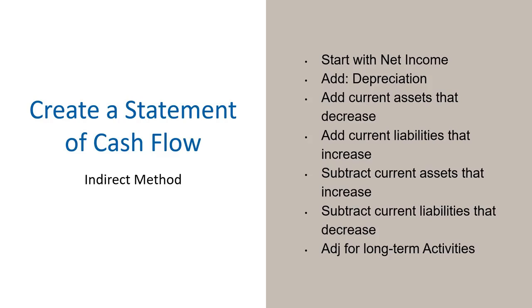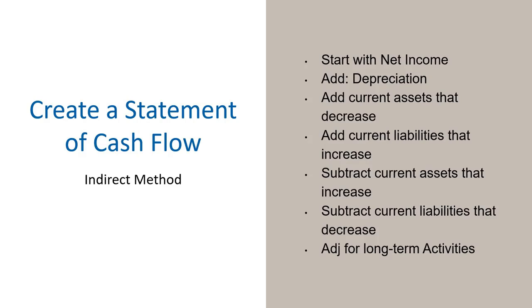Then I add my current assets that decrease. I add my current liabilities that increase. Those are my current activities, my current assets, and my current liabilities. And then I subtract my current assets that increase and subtract current liabilities that decrease.